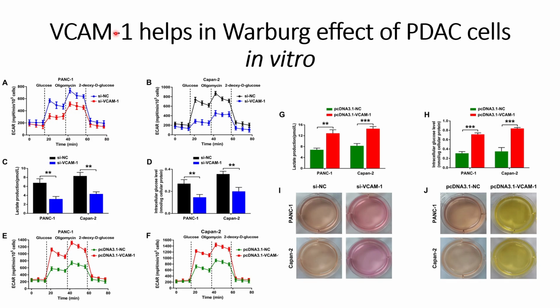VCAM helps in aerobic glycolysis, and that results in other benefits that the pancreatic tumor cells observe, such as an increase in the survival and growth signaling pathways because of the Warburg effect, which could be possible in these pancreatic cancer cell lines with overexpression of VCAM-1.